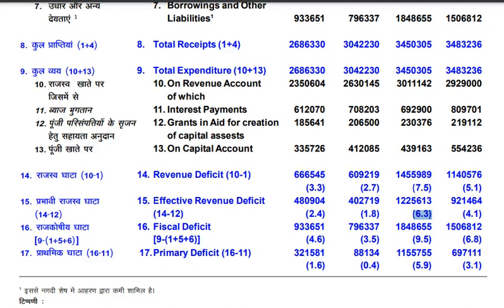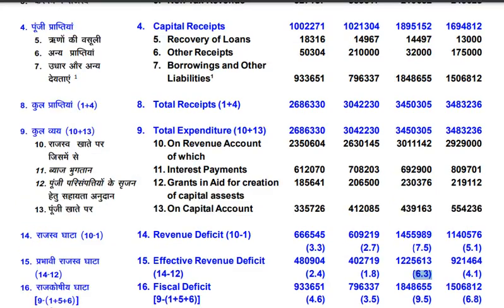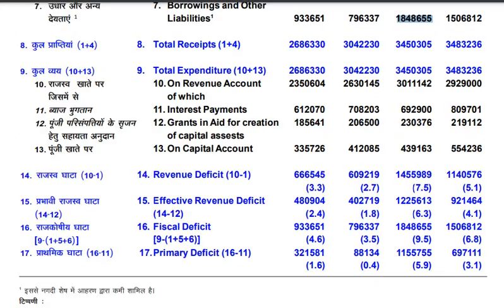Just understand this point. Whenever we are talking about expenditure and borrowings, whenever a central government borrows some money, the main objective is to create assets, so that whenever an asset is created or capital expenditure is being done, overall there is growth involved in that expenditure.